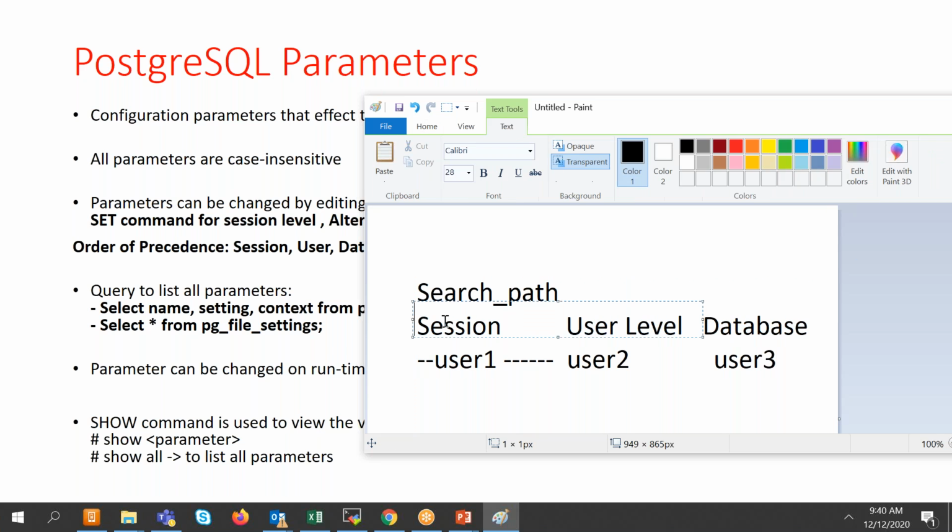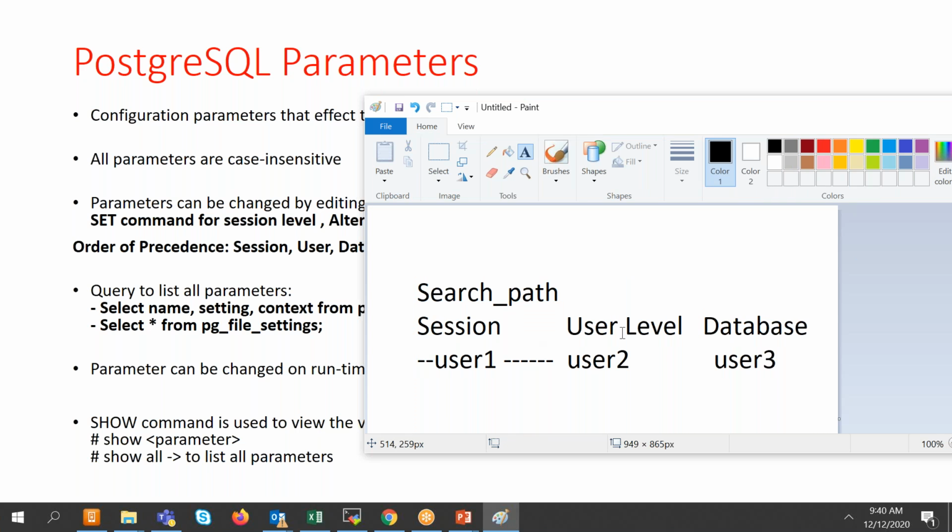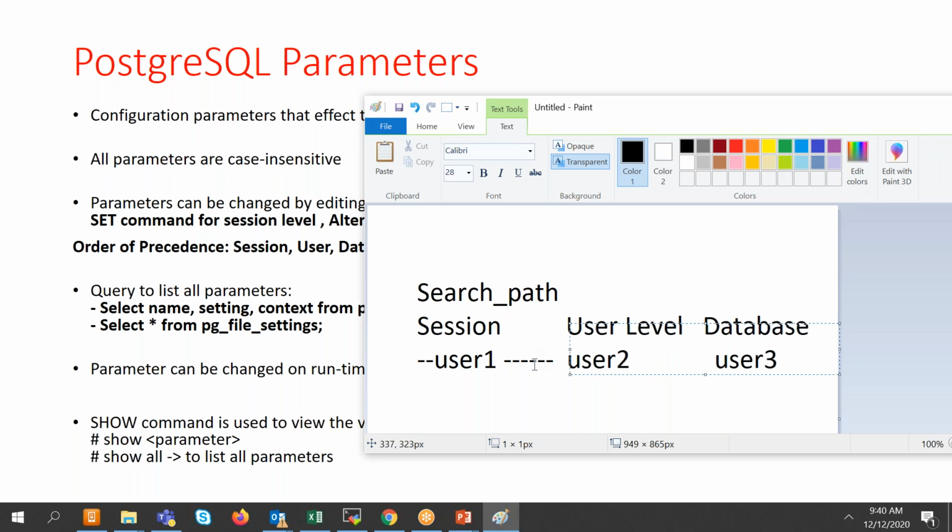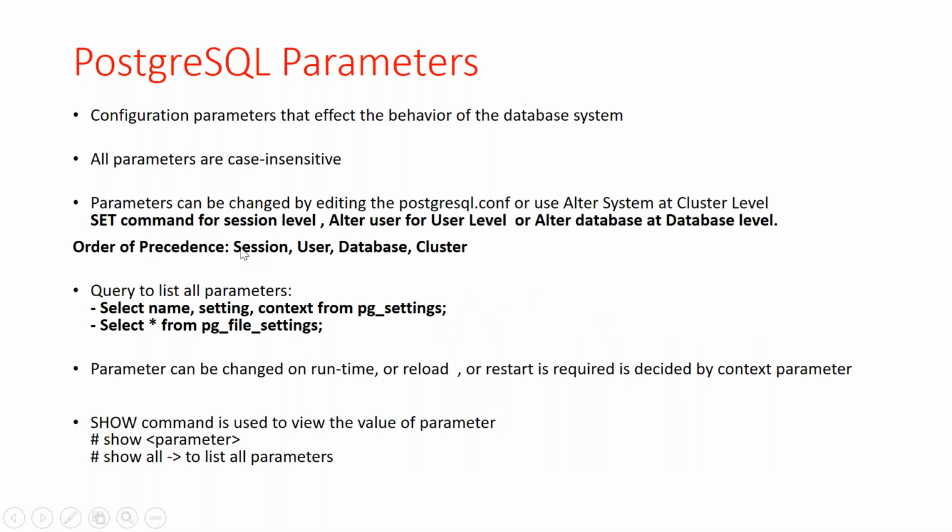Now assume the session level is not there, then the user level would be applicable. If the user level is not there, the database level would be applicable. So each overrides the one above it. The order of precedence is session, user, and database, then cluster.